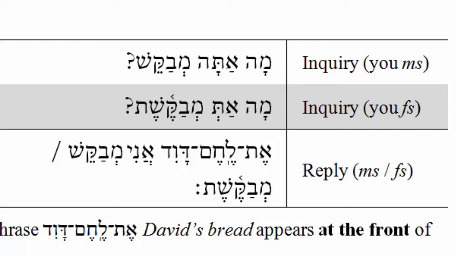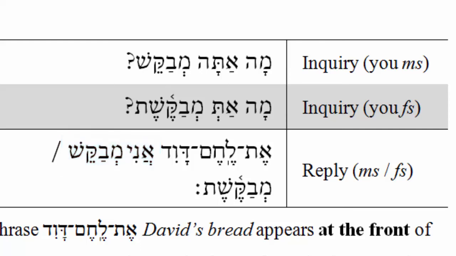As a final comment concerning this segment, notice again the reply statement. Et lechem David ani mevakesh, or in the case of a feminine speaker, ani mevakeshet. This sentence rests on a participle, mevakesh. Thus the combination ani mevakesh means I am seeking.